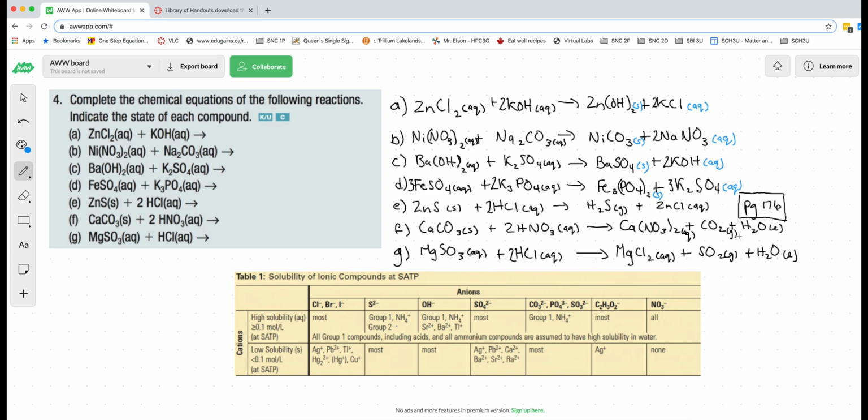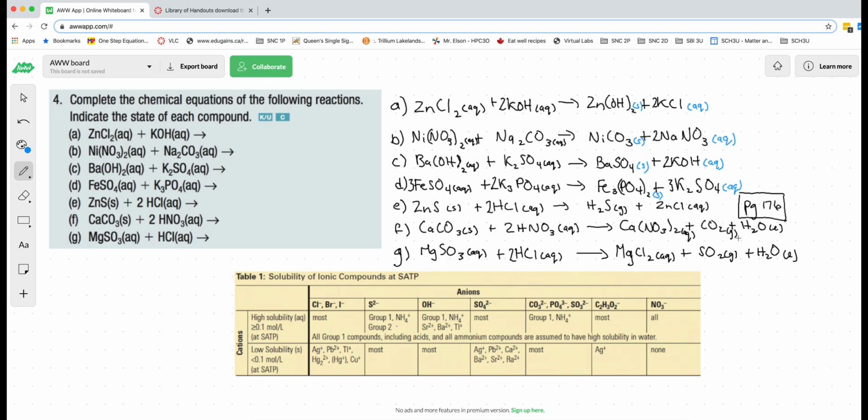So it's kind of similar to our neutralization reaction, where calcium is going to replace hydrogen here to make calcium nitrate. That is aqueous. That's an easy one because we know our nitrates form aqueous solutions. And then carbon dioxide, this is just a pattern, is a gas, and water is a liquid.